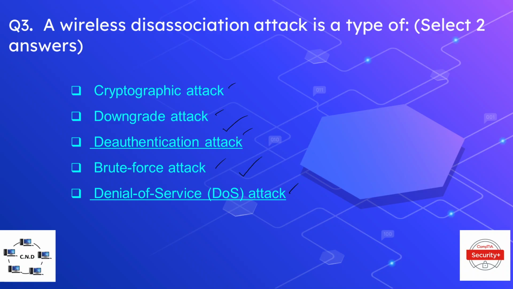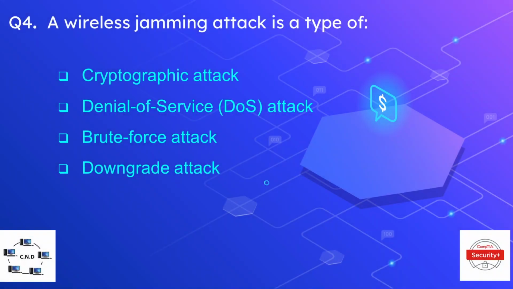In this attack, the attacker disassociates the client from the access point, and in doing so carries out the de-authentication attack. By disconnecting the client from the access point, he also carries out the denial of service attack, because the user is no longer able to access the services.